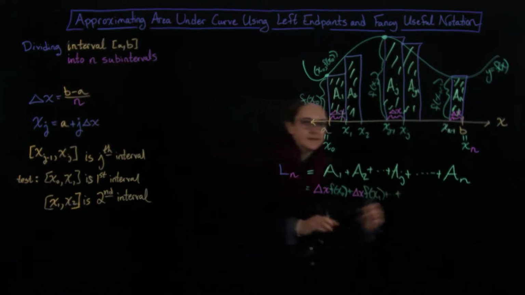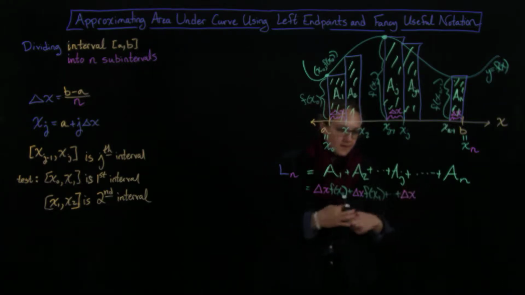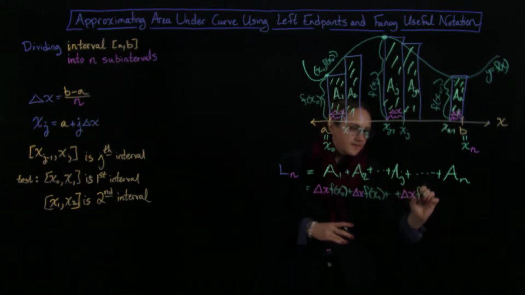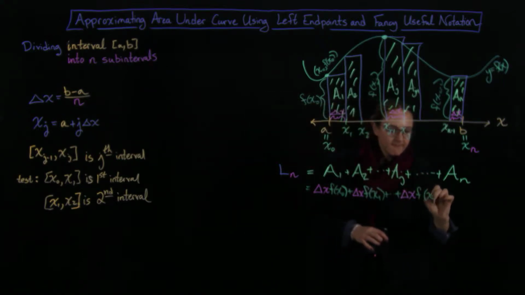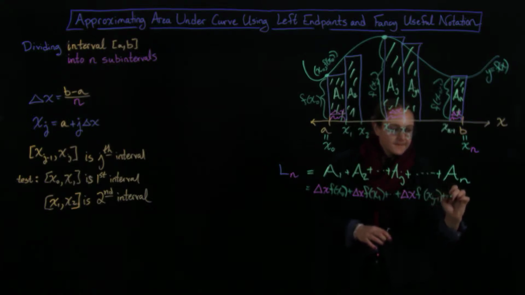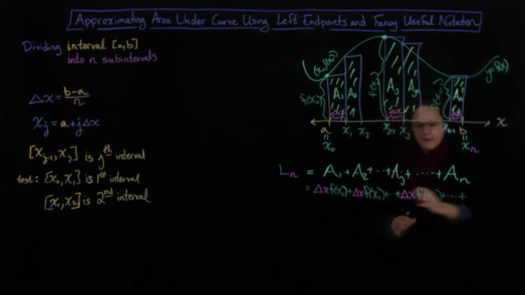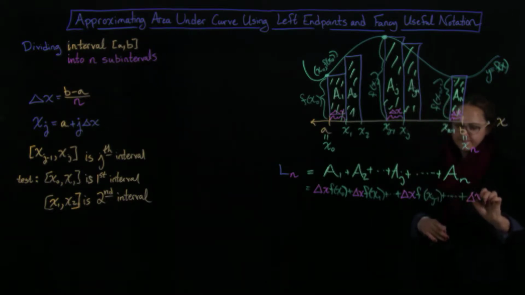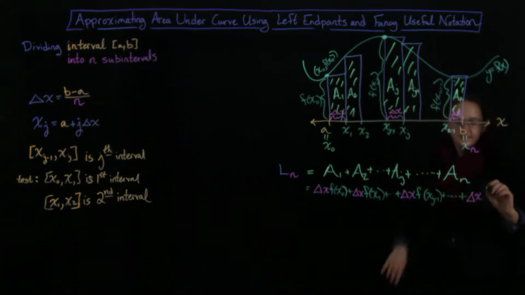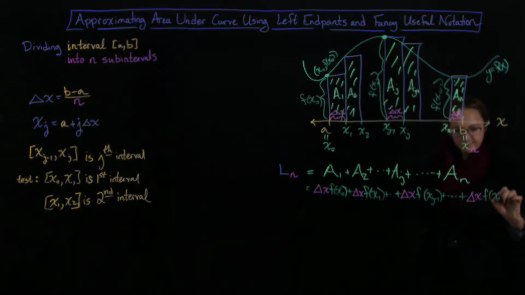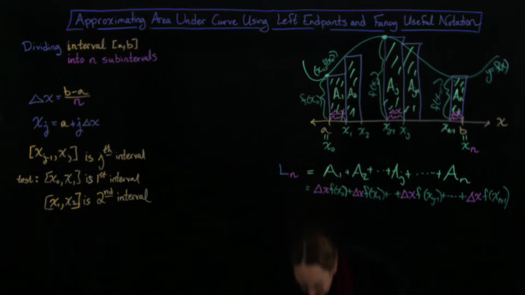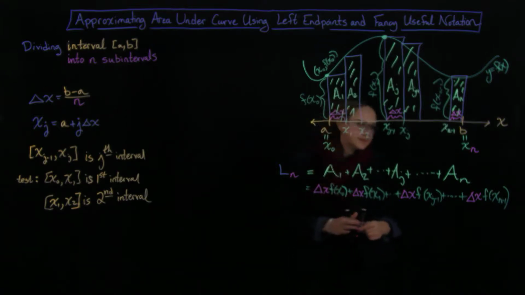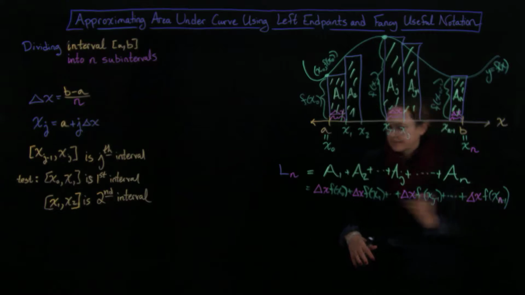And I have delta x times f of, and then here, for the jth interval, I actually have xj minus 1, right? And then we keep going, and I get delta x, and then I have f of xn minus 1. Okay, and we notice that when we're doing this, this is this n here. I'm double using red because I only have so many colors.